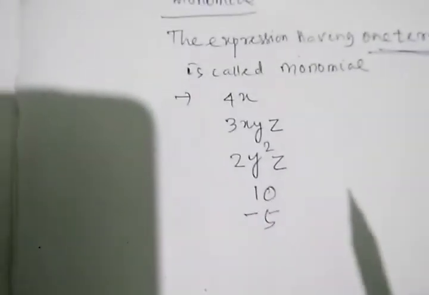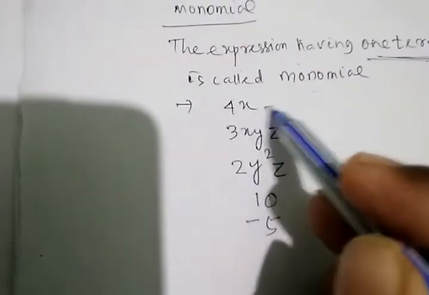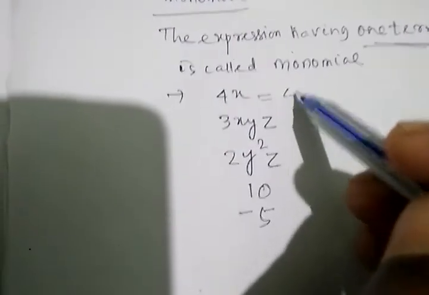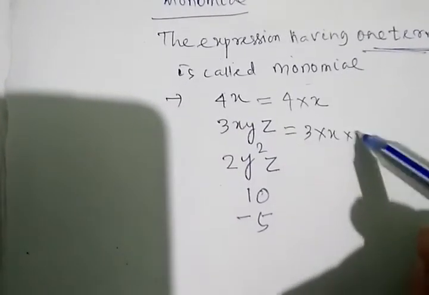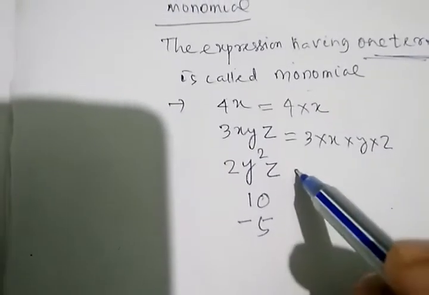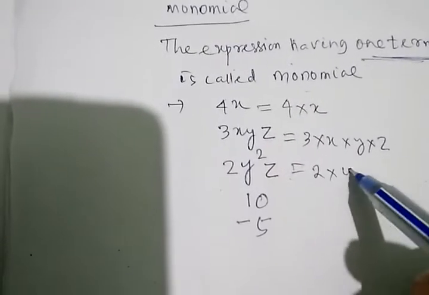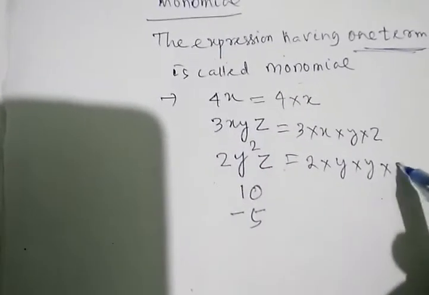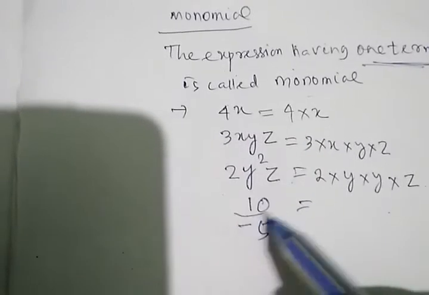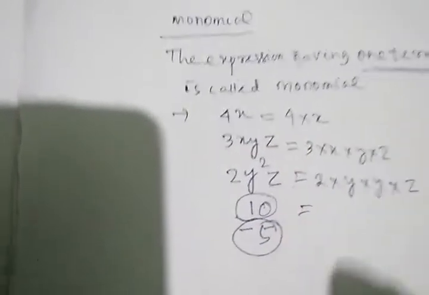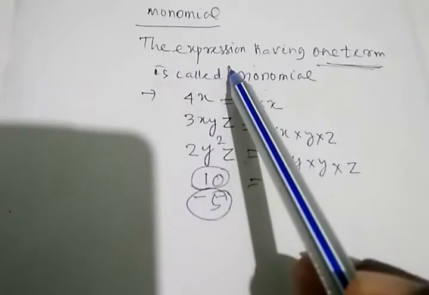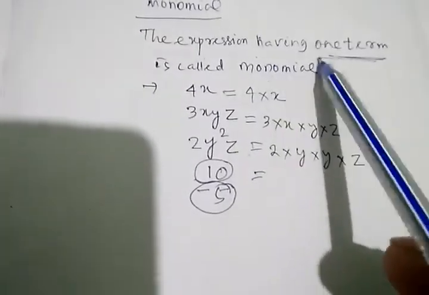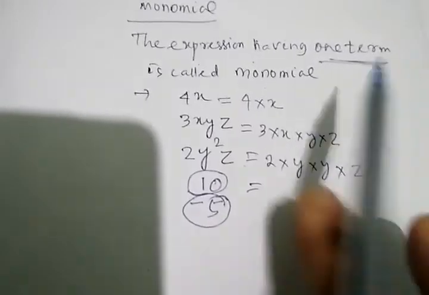So these are monomials. So tell me how 4x is formed. 4 into x. 3xyz is 3 into x into y into z. 2y² z is 2 into y into z. 10 is a constant term and minus 5 is a constant. So these are called monomials. So once again I tell you the definition: the expression having one term is called a monomial.